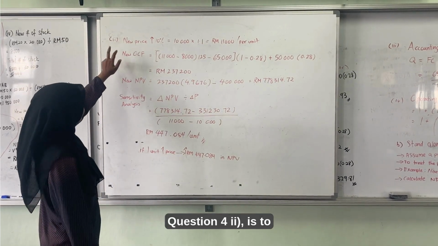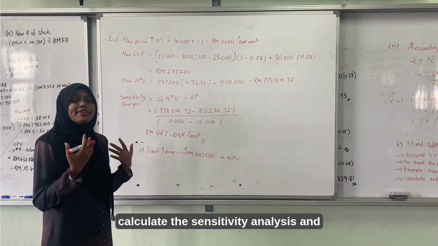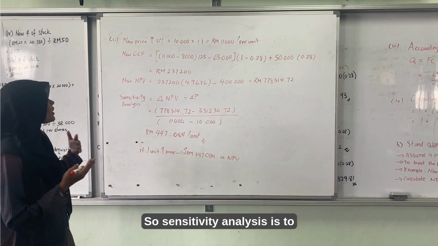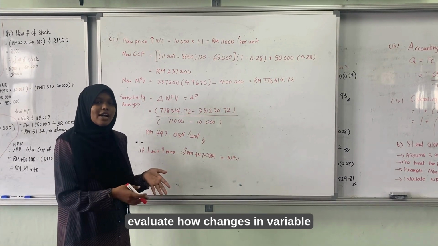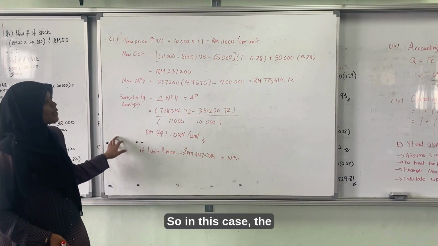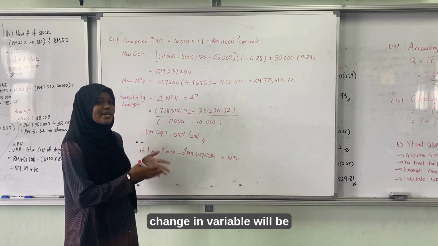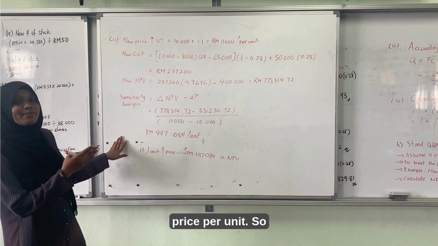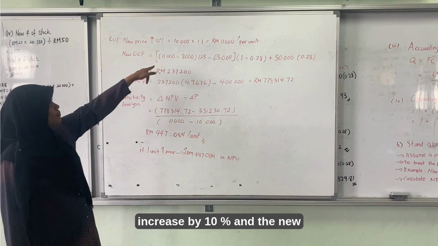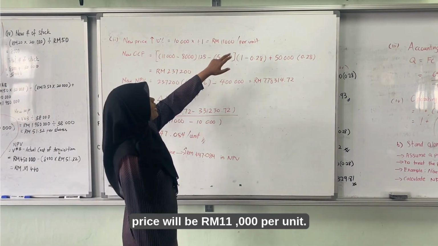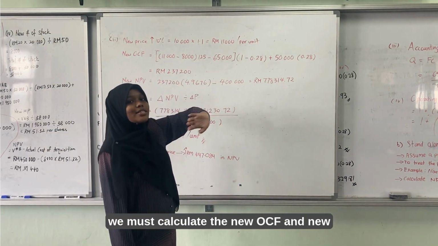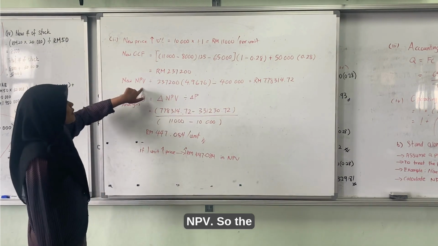Question for Roman 2 is to calculate the sensitivity analysis and compare with the base case scenario. Sensitivity analysis evaluates how changes in a variable will affect the project NPV. In this case, the variable is the price per unit. We estimate the price will increase by 10%, and the new price will be RM11,000 per unit. Due to the price increase, we must calculate the new OCF and new NPV.